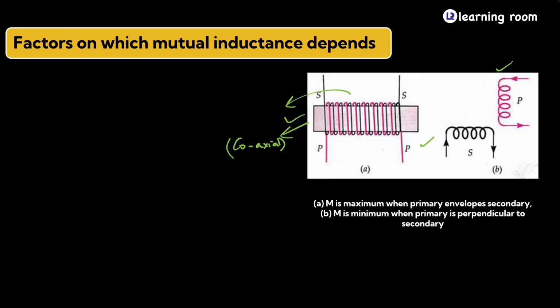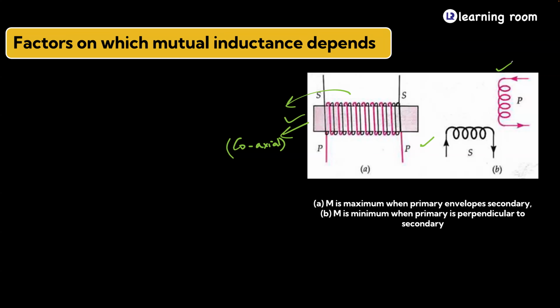Are you able to understand? This is another important factor, because based on the concept of mutual induction, we'll be discussing a device called a transformer. In a transformer, you need to understand how the windings of the primary and the secondary coil are. So if you want to design an efficient transformer, what kind of winding will you choose?